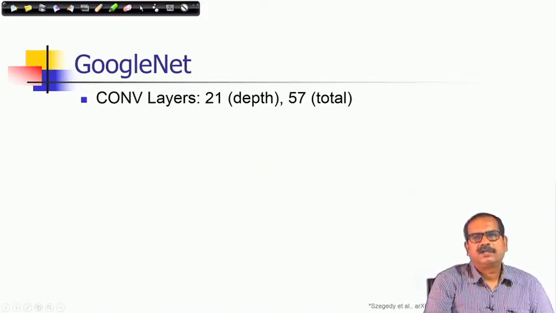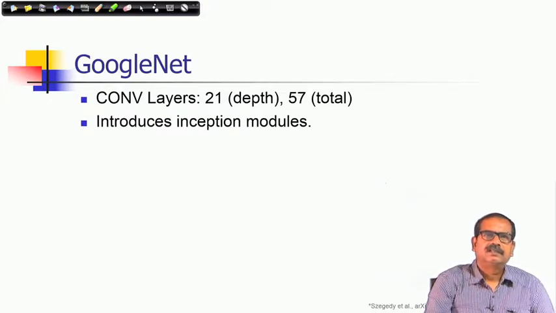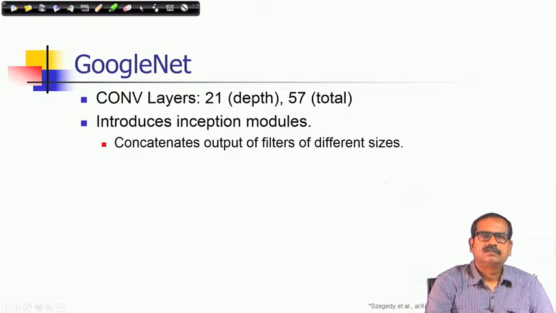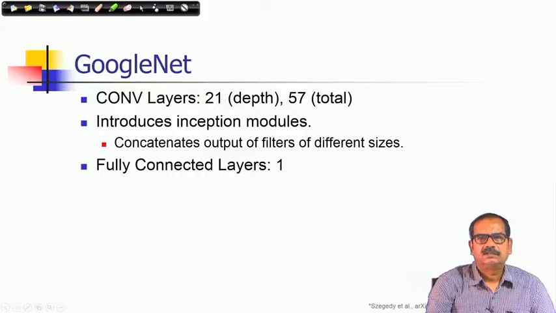Then we came across GoogleNet, and in GoogleNet you have more layers, 21 depth and total 57. It introduces inception modules, which is the novelty in GoogleNet. Instead of using a filter of the same size in a particular layer, it concatenates the output of filters of different sizes, and that increases the power of the model.